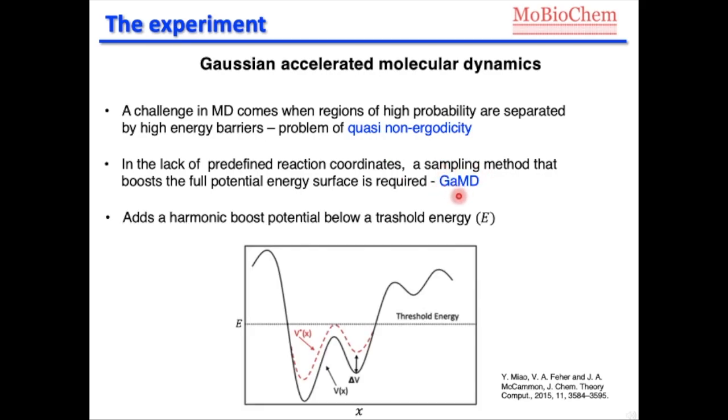The method adds a harmonic boost potential to the full potential energy surface, below a certain threshold energy. And this is done in order to accelerate the transitions between low energy states and becomes beneficial in our case for free drug binding processes, reducing the computational cost of the simulation.